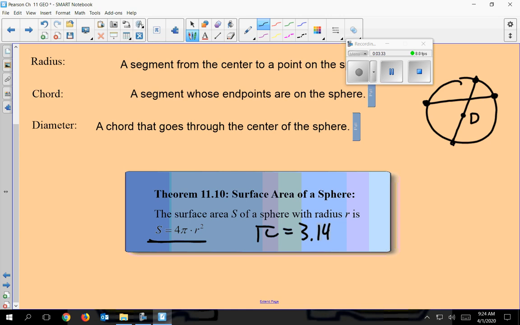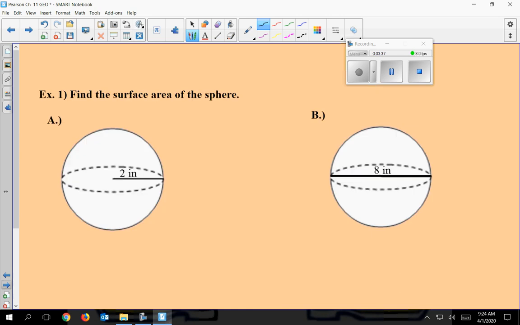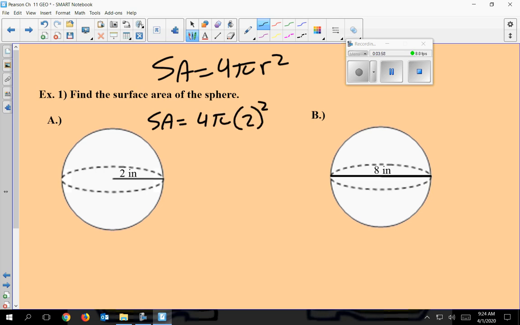Okay. All right. So they're giving me the radius of this particular problem. And I'm just going to write the formula up there so we can see it. They give me a radius, so I'm going to go ahead and use that. I'm going to leave pi as pi for now. My radius is 2, and I'm squaring it, okay?